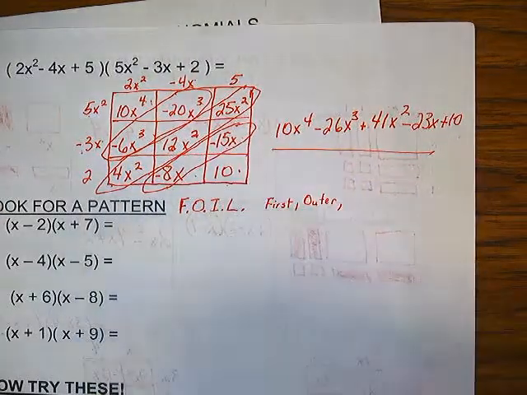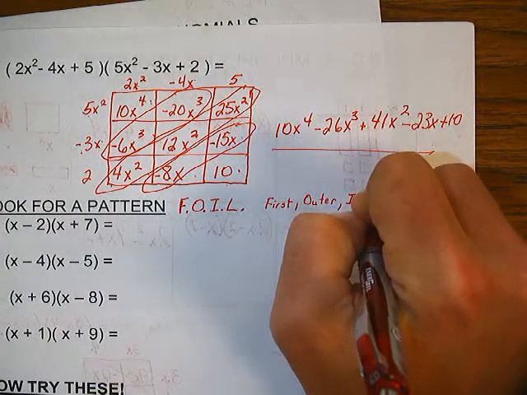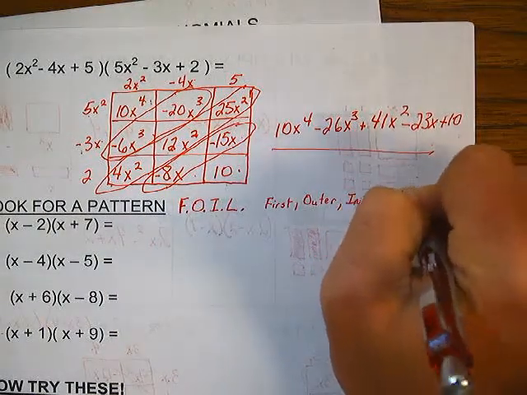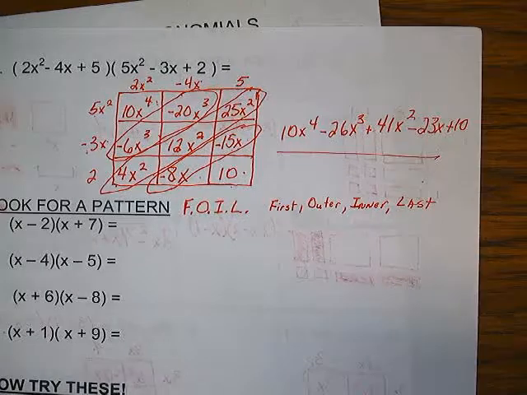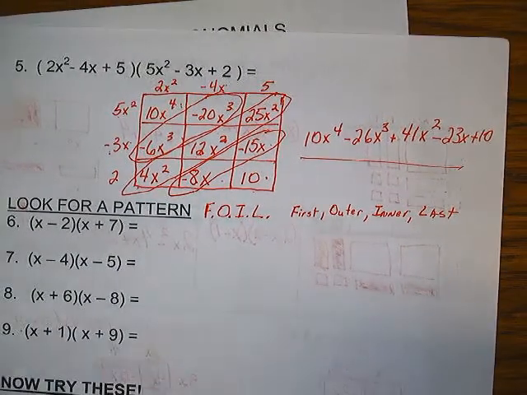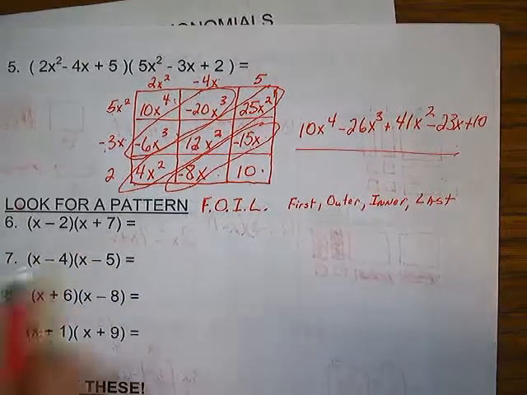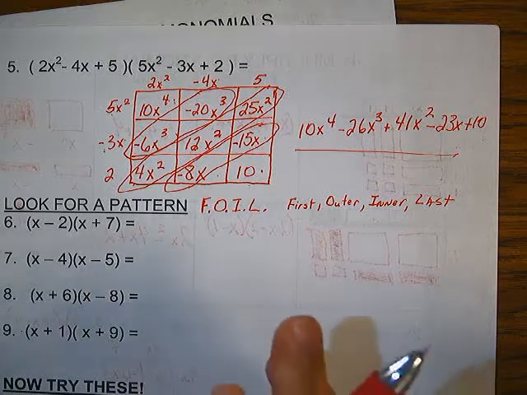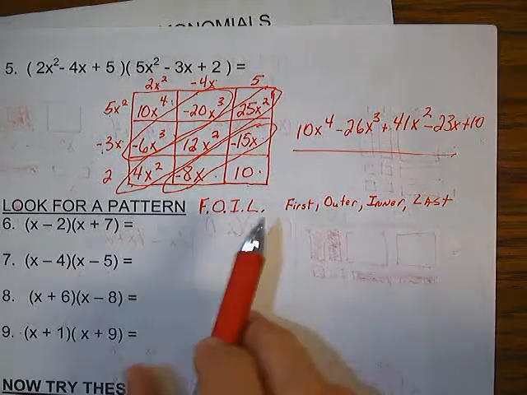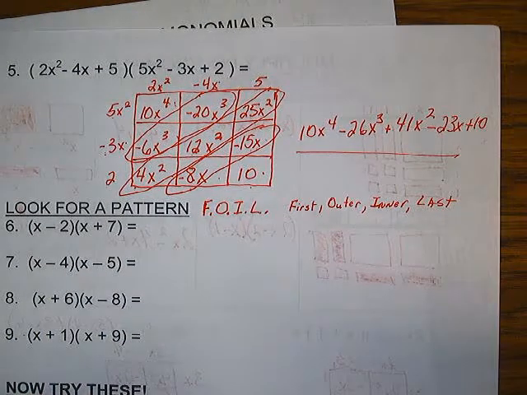The I stands for inner, excuse me. And the L stands for last. Okay, now this is the order that we're going to multiply these binomials together. Now, the FOIL will only work with binomials. If you have a trinomial, okay, use the box. Okay, but binomials, you can use the FOIL method to get the same answer as we did before.